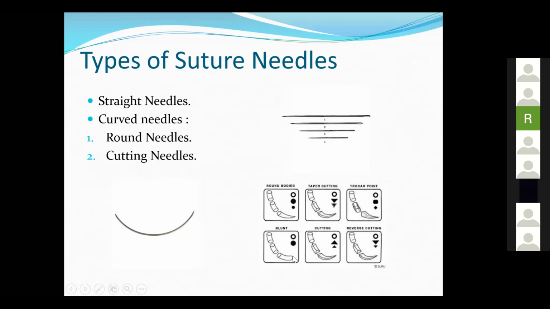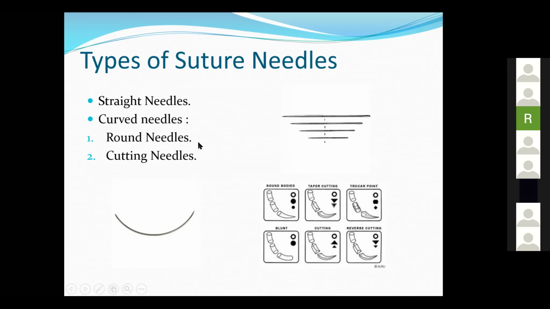And if you see that even the tip is rounded, we call it a cutting needle. If these sharp edges go and the entire needle is cutting, it is a cutting needle, and we say it is a round body needle, or we say it is partly cutting and partly round bodied needle. And there are different indications for that.